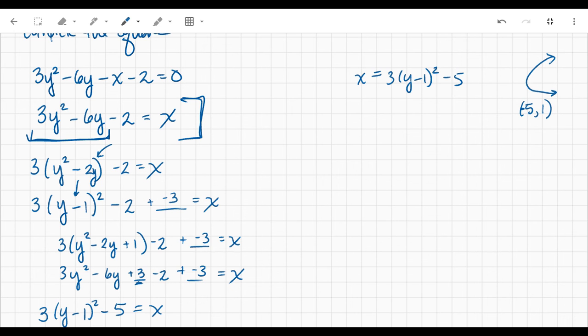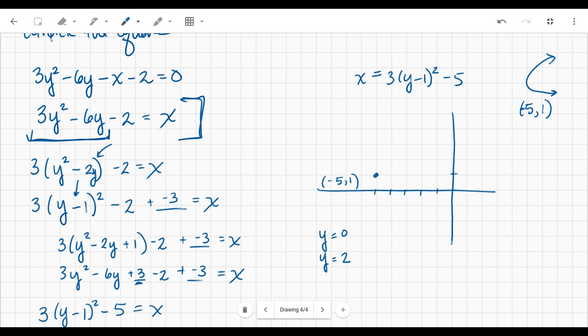When we graph this, let's see, negative 5, 1. 1, 2, 3, 4, 5, 1. Okay, and then again, we'll go up and down. So we'll do y equals 0 or y equals 2.